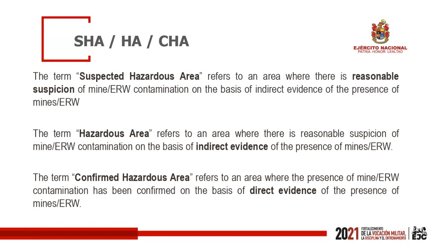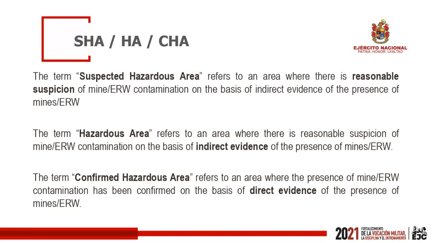The hazardous area refers to an area where there is a reasonable suspicion of mine or ERW contamination on the basis of indirect evidence of the presence of that contamination. And the term confirmed hazardous area refers to an area where the presence of mine or ERW contamination has been confirmed on the basis of direct evidence of the presence of that contamination in the area.